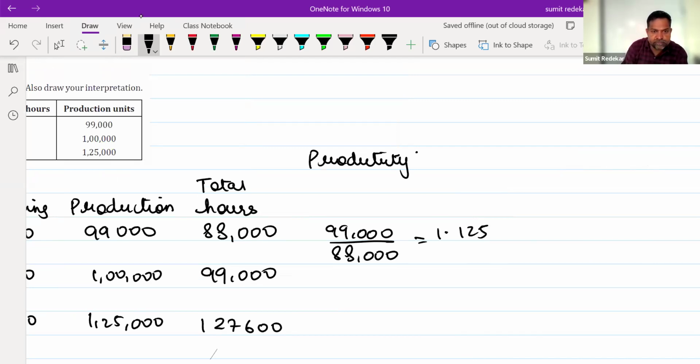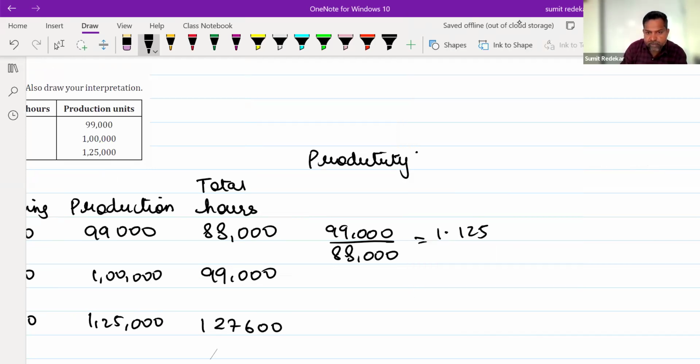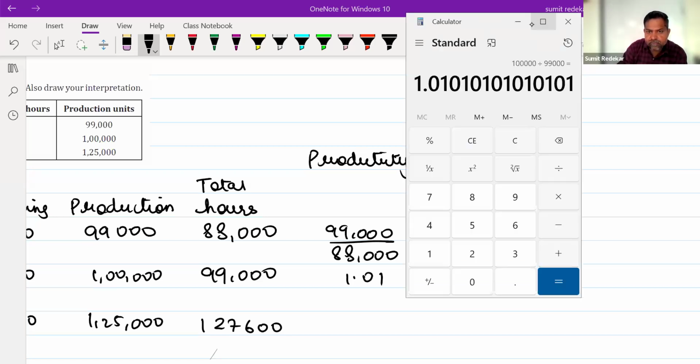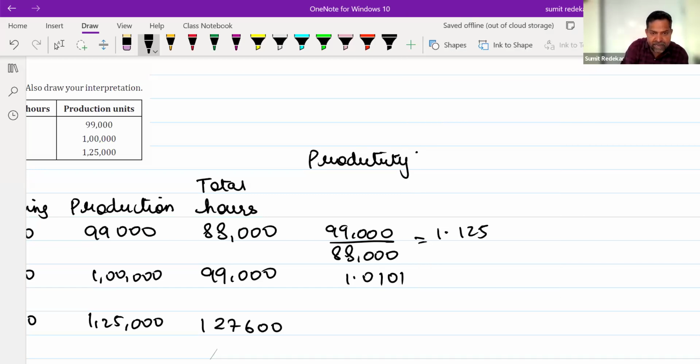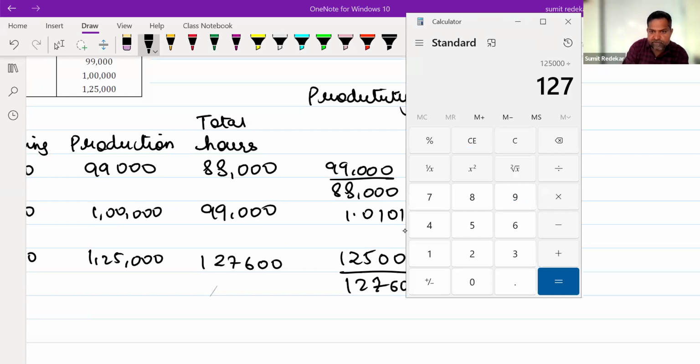Then I'm producing 1 lakh units by giving in 99,000, which is 1.0101. And lastly, I am producing 125 by giving in 127,600, which is 125 divided by 127,600, which is 0.9796.